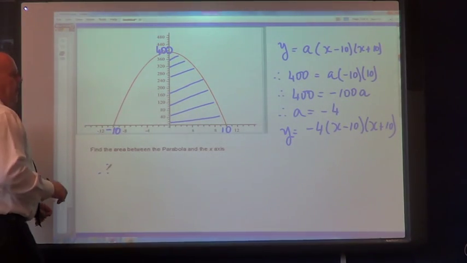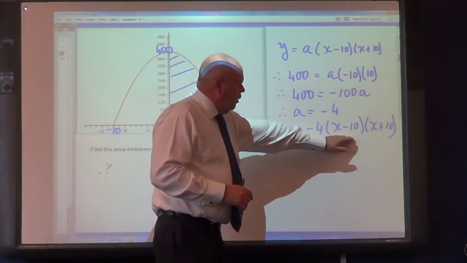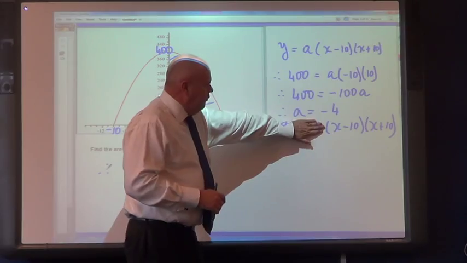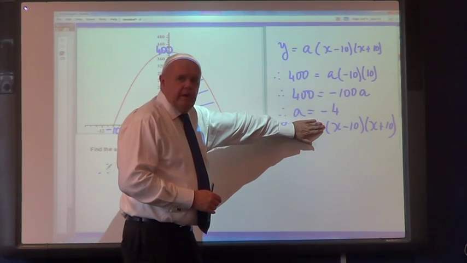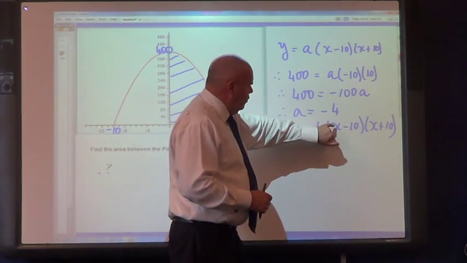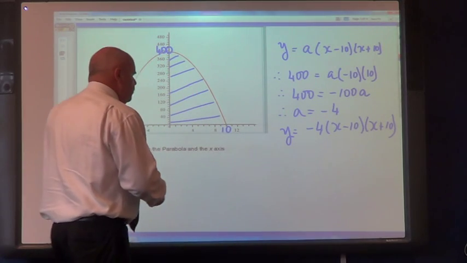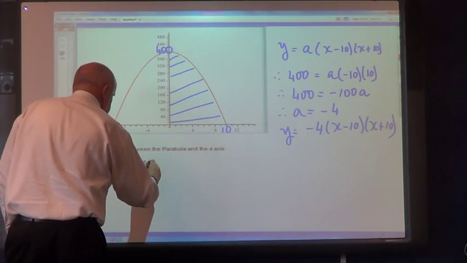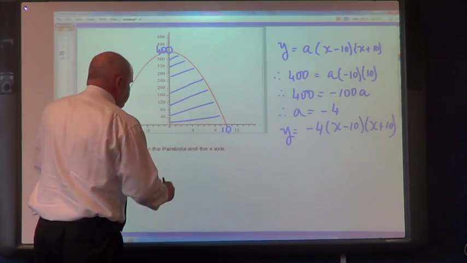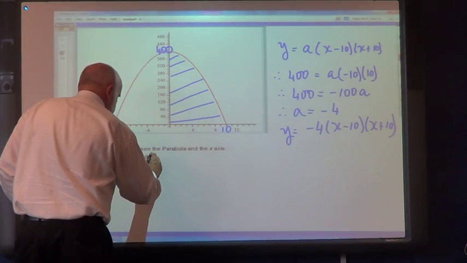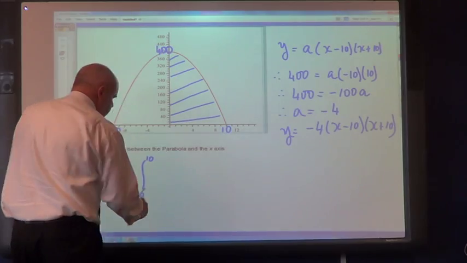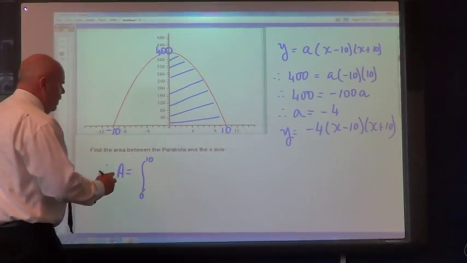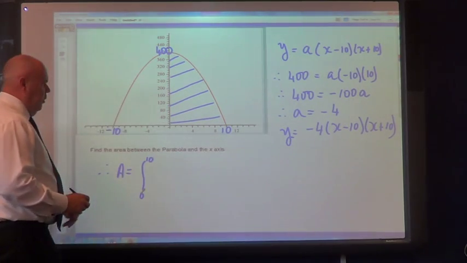Now, the other thing I'd say is that this isn't what I'd call calculus-friendly form. We do, if we ignore the negative 4, have what's called a difference of 2 squares, right? So this is going to equal x squared minus 100. So that's going to make it easier as well. So we can say the area is equal to what I said I'm going to do, just evaluate the right hand side and times my answer by 2.